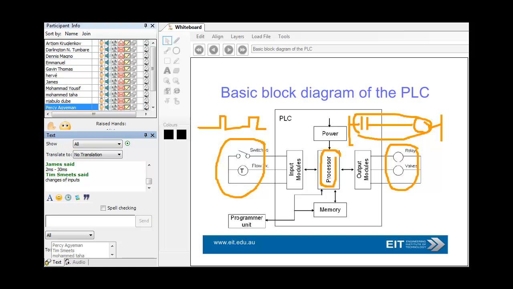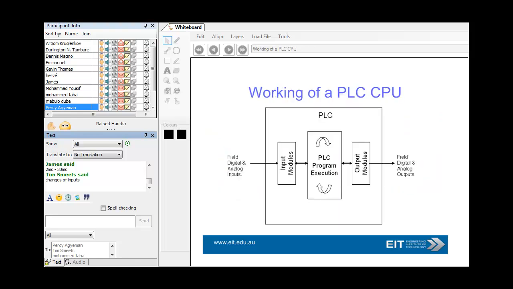Other little problems with the PLC, which we haven't really indicated in this diagram, of course, are electrical power issues, power coming in. And this is the working of the PLC CPU, the scan time, as you guys rightly pointed out, 2 milliseconds, 30 milliseconds. The scan starts off with read, execute the program, write. Do all that in 10 milliseconds.